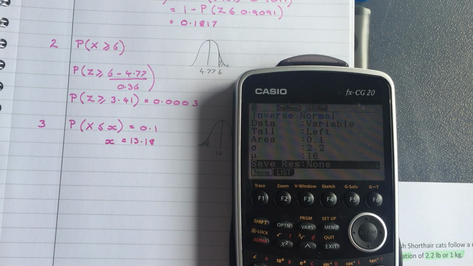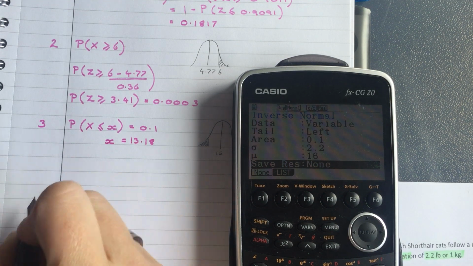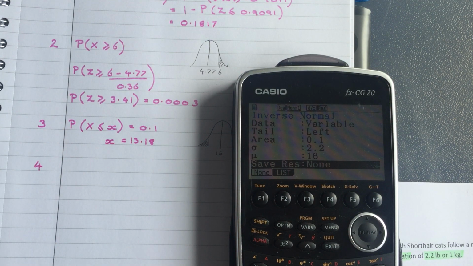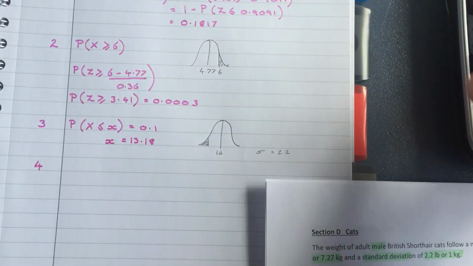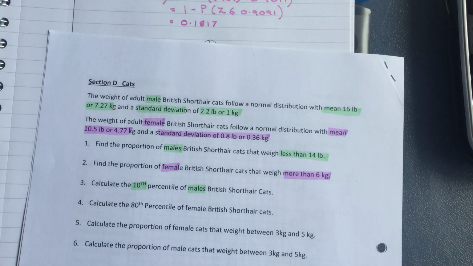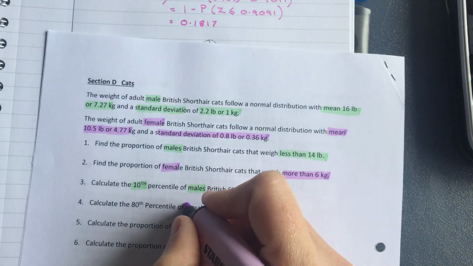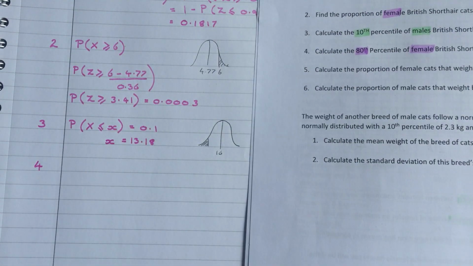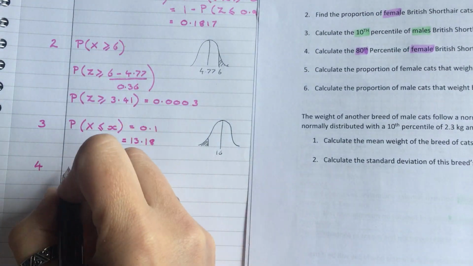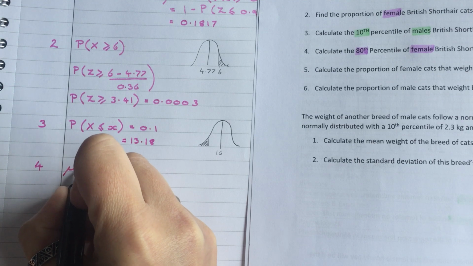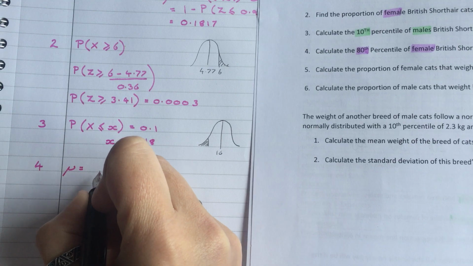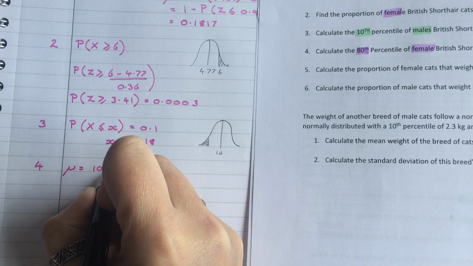Okay, so question 4. We are looking at the 80th percentile and we are looking at female cats. So female cats, 80th percentile. Things that we need to know: we need to know the mean of our female cats, which is 10.5.